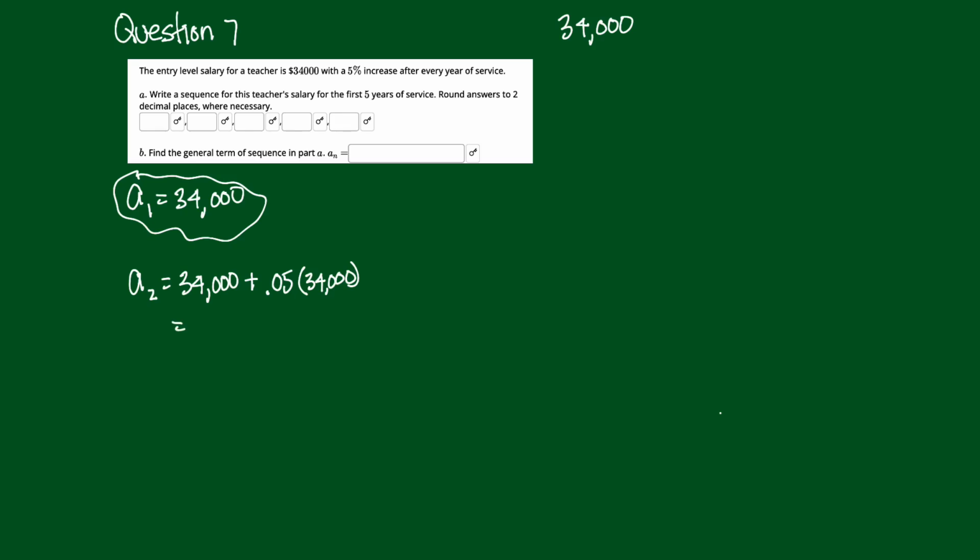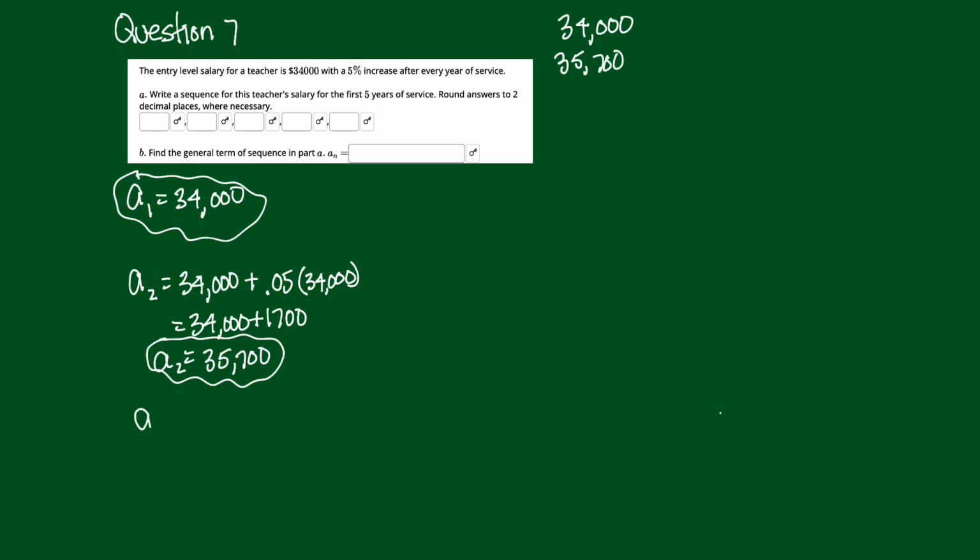This turns out to be 34,000 plus 1,700. Now when you add those together, you get 35,700. That's the salary at the second year. So I'll put that up here at the top right. 35,700.